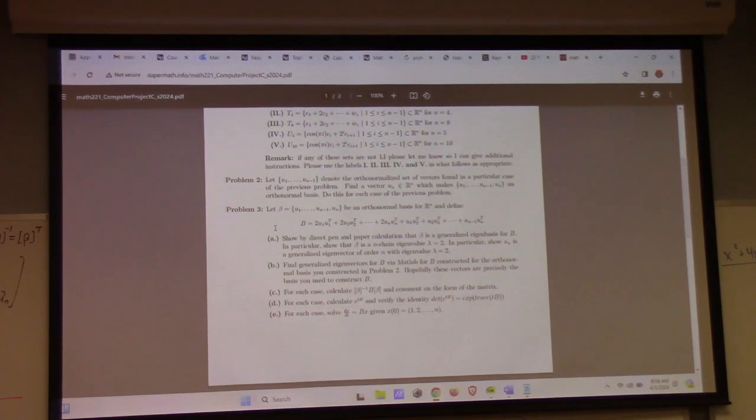Oh, part E. How do you solve? Fun fact, if you've got dx/dt equals Ax, and you have x equals e to the tA times x of 0, this is how to solve the differential equation.